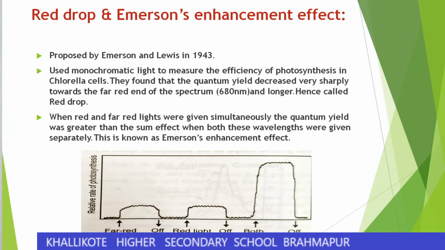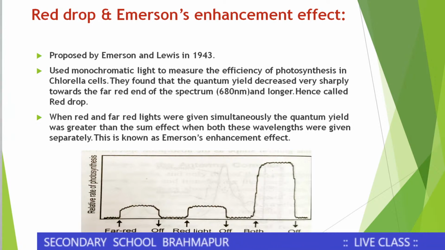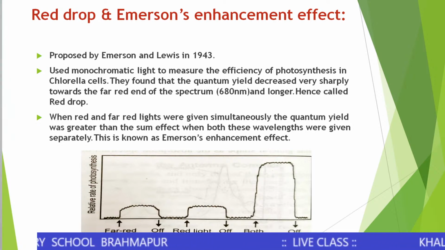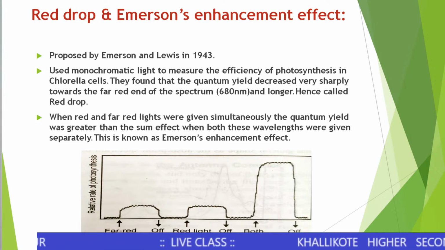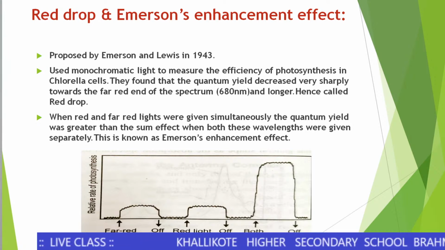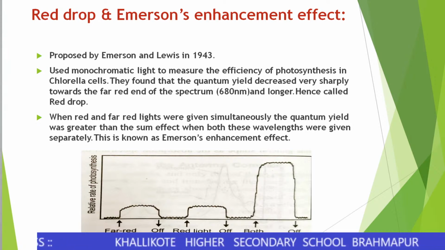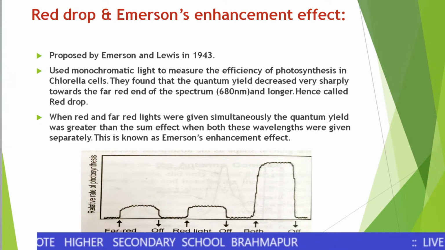This sharp fall in the amount of quantum yield or efficiency of photosynthesis is commonly known as the red drop phenomena in photosynthesis.